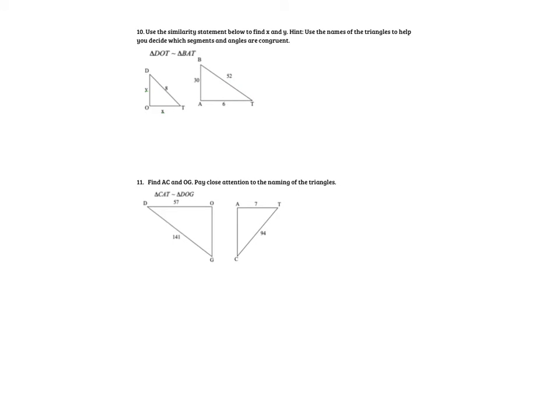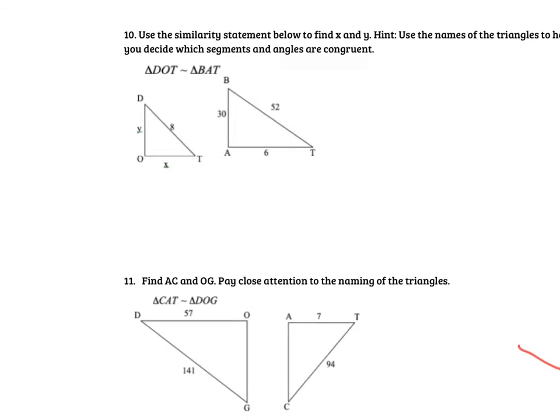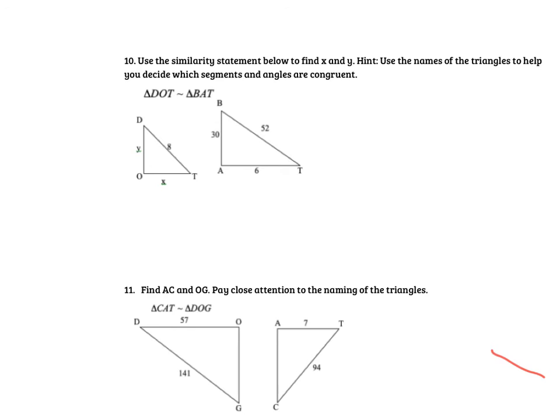All right, 10 and 11 are asking you to find missing side lengths. So this is where you have to use proportions. Triangle DOT is similar to triangle BAT. Let's write our proportions out.